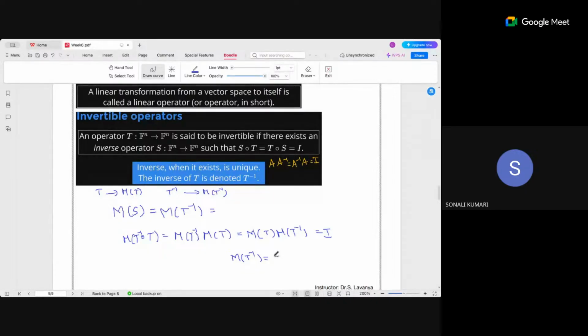I guess you are thinking too much. It's quite simple actually. This M of T inverse is some matrix. Let's say this is your A, and this is some matrix B, which satisfies the condition.